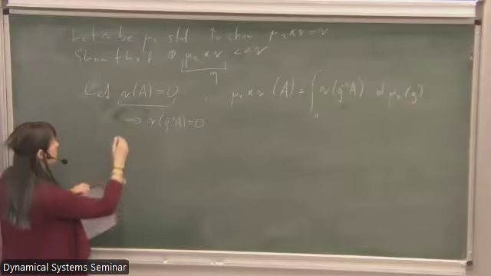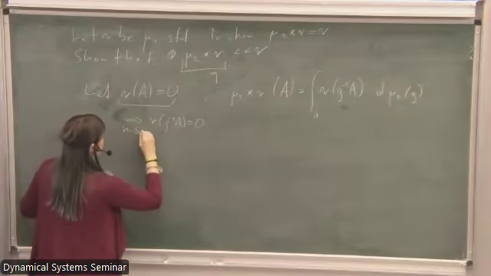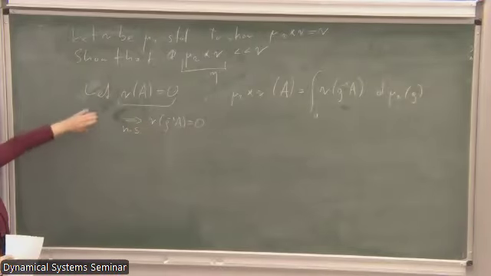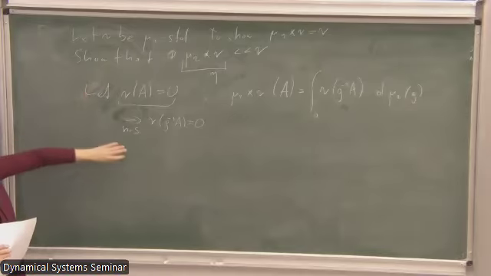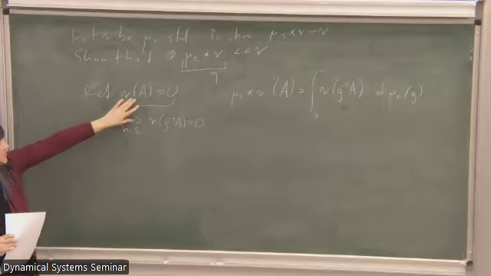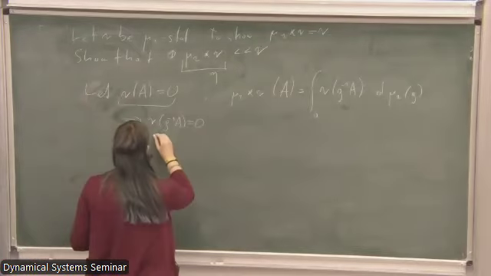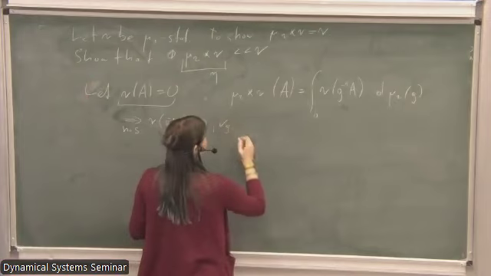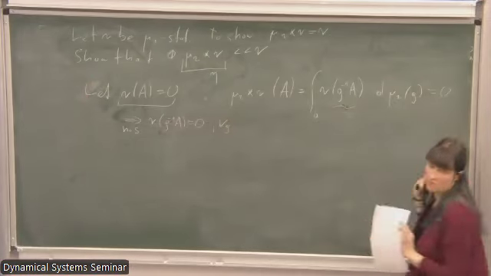Not invariant, but it's quasi-invariant, exactly. So it's non-singular. We have seen that if I have a generating probability measure and it's stationary, then it will be non-singular. Therefore, if this is 0, then also this has to be 0 for every g. So here I just have zeros, and I'm done.